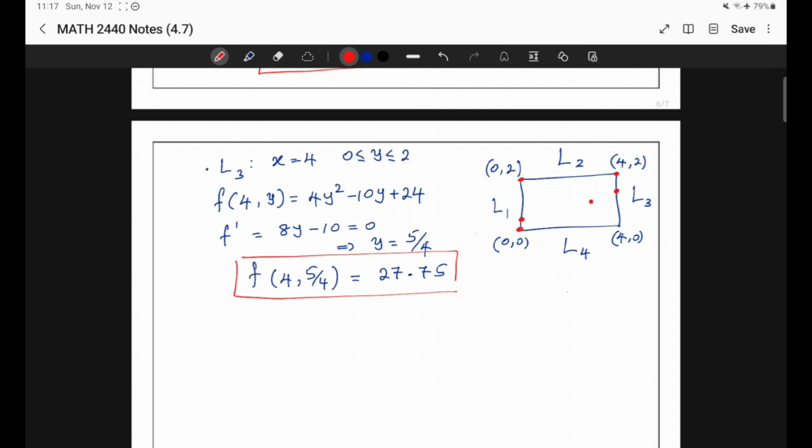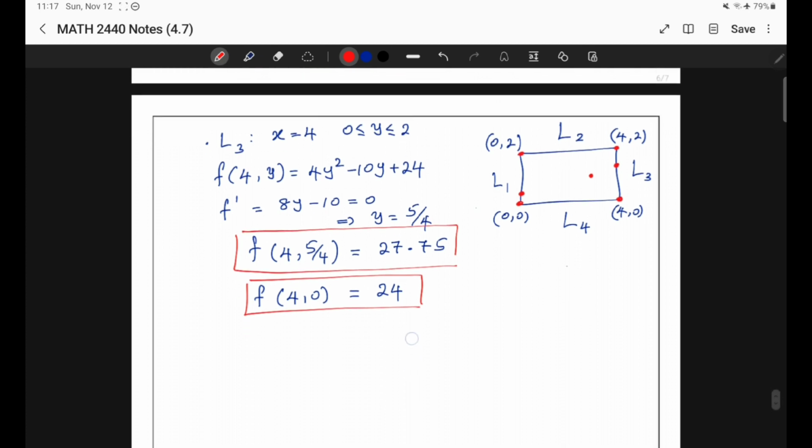Actually, we are not done with L3 because we have to take care of the boundary here. So (4, 0). Function value at (4, 0) is, plug it, and you should get 24. Okay, now we are done with L3.